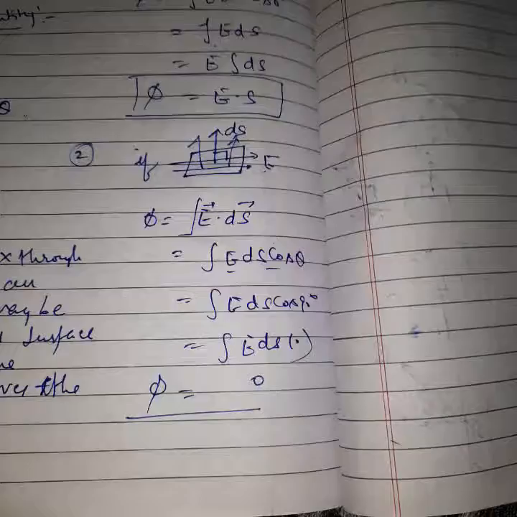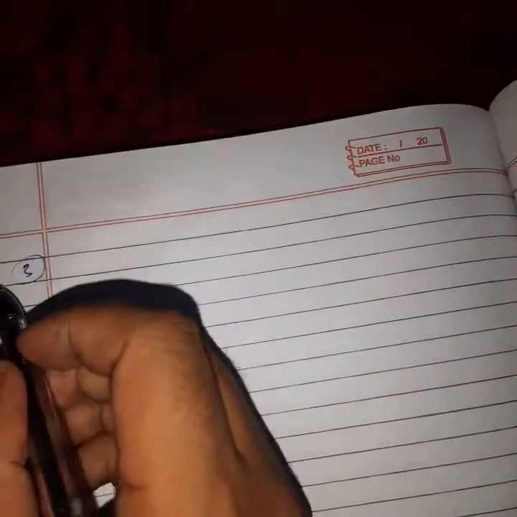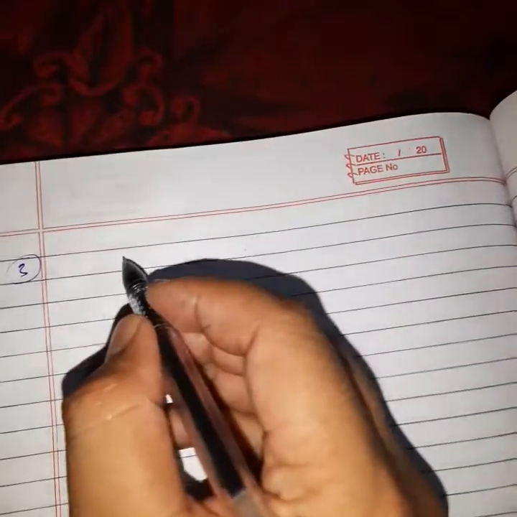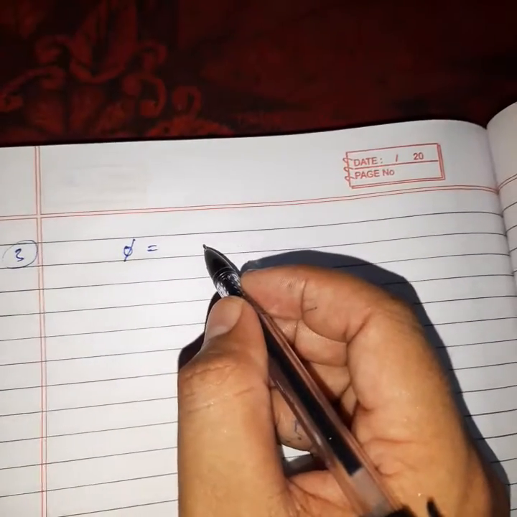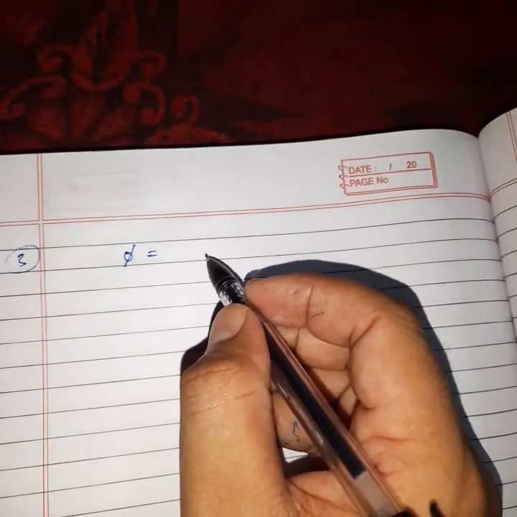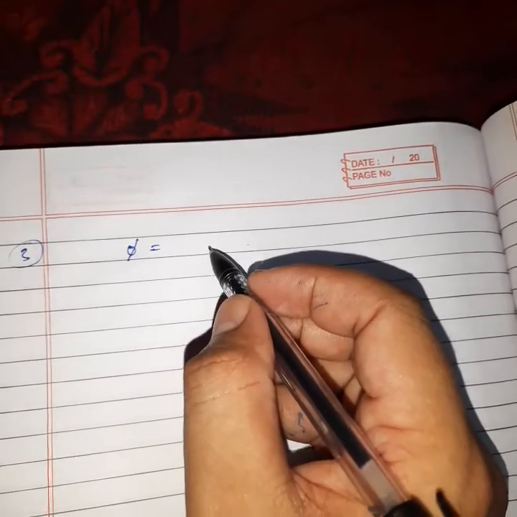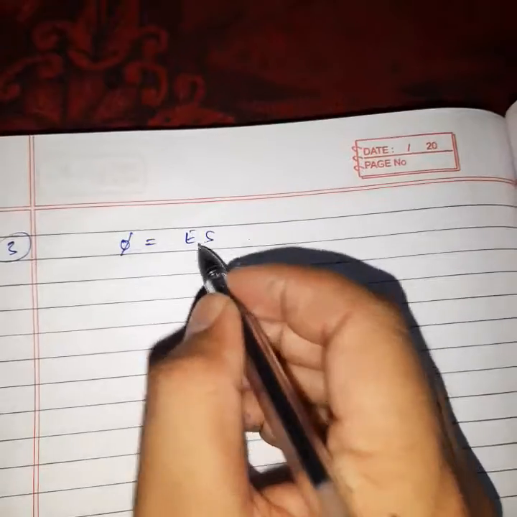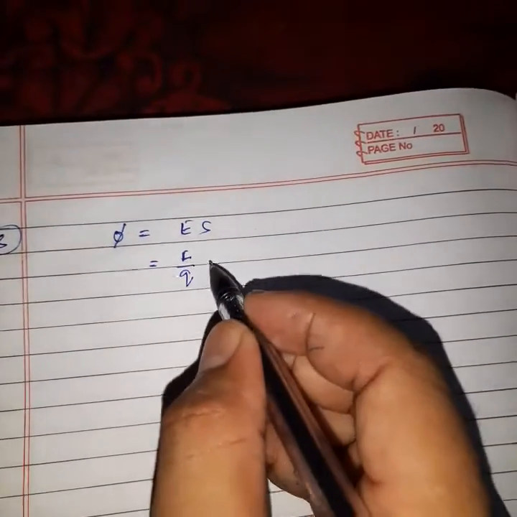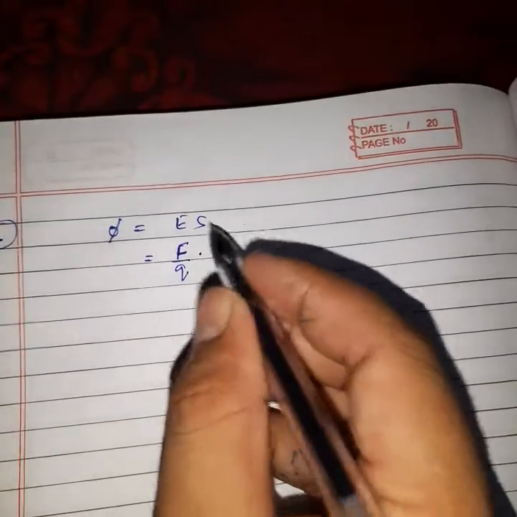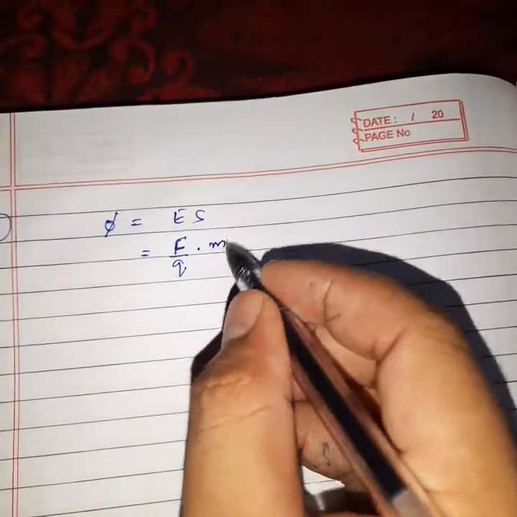The next, third point is the dimensional formula. We know φ = ES. Electric field is force upon charge, into S, which means area, meter square.